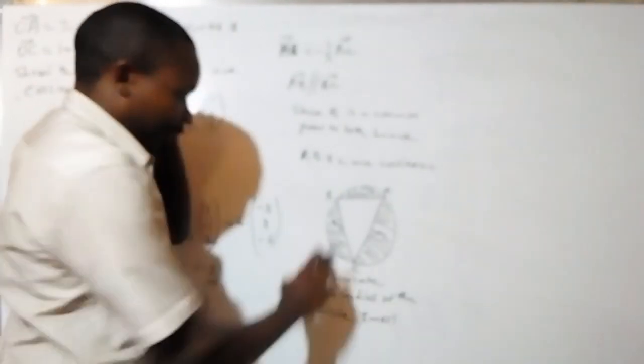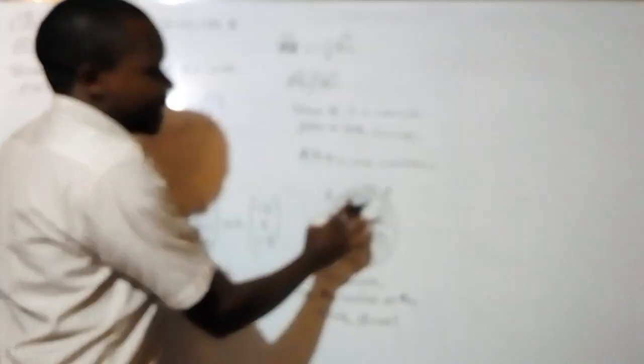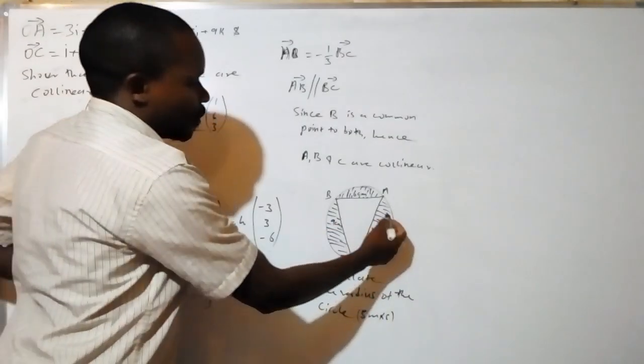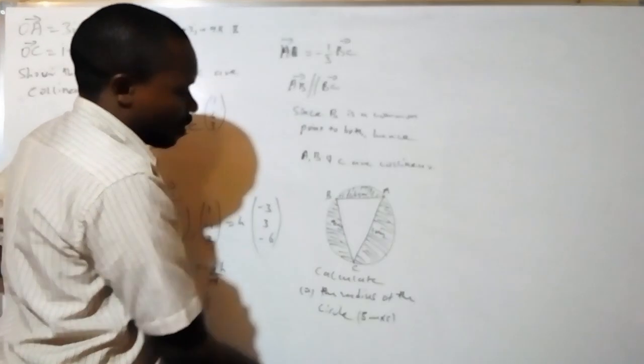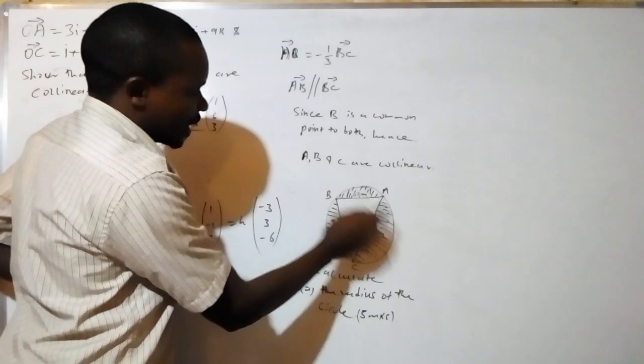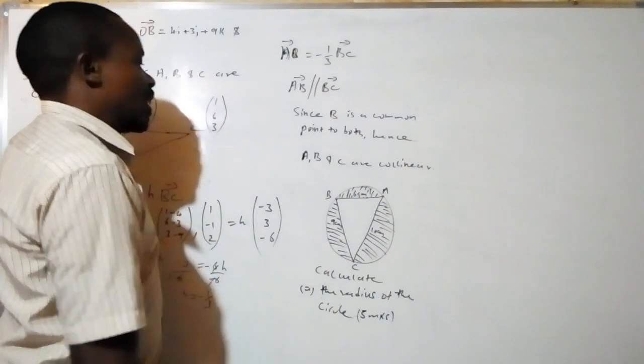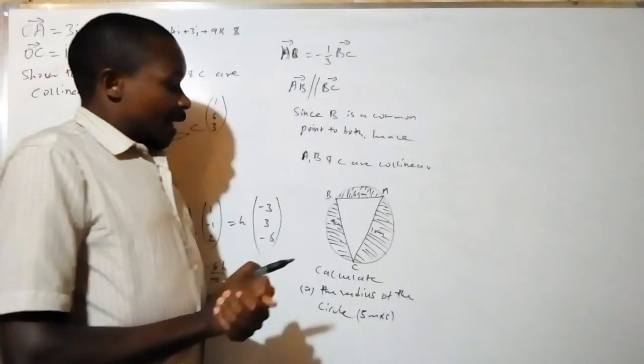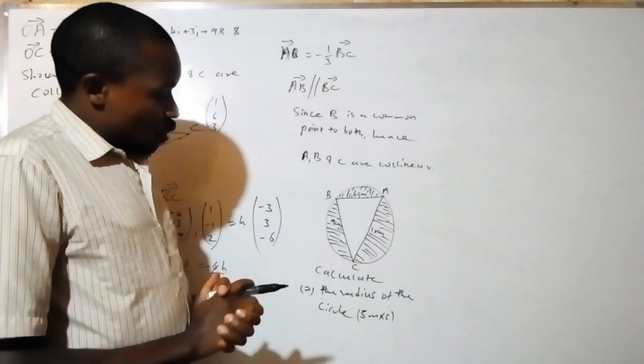Good. This triangle is inscribed in the circle. You are supposed to calculate the radius of the circle. This side is 9 centimeters, 6 centimeters, 10 centimeters. First of all, we are going to use the cosine rule to get any angle here.